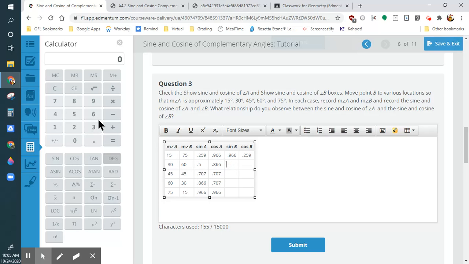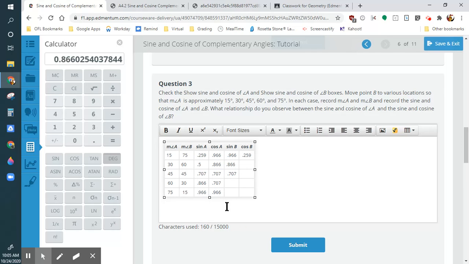Oops. Angle B is 60. Sine of 60. And it's going to be the same thing. So that I kind of derped on. We're doing sine of 60. So again, these middle ones should end up being the same thing.